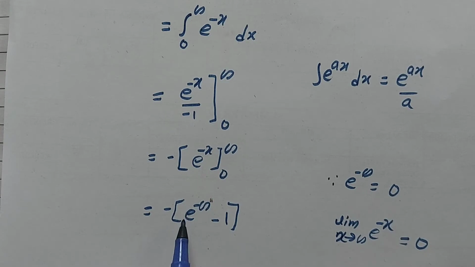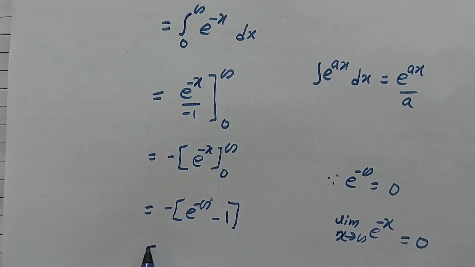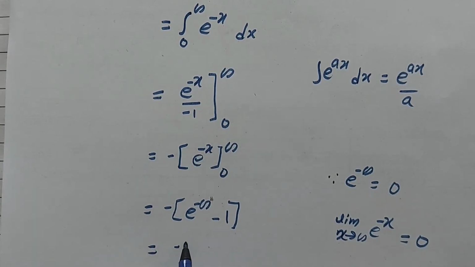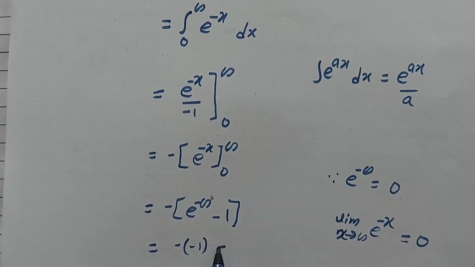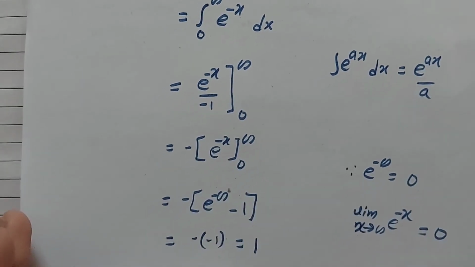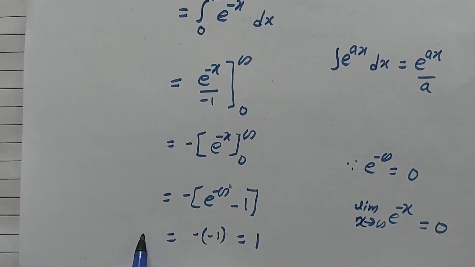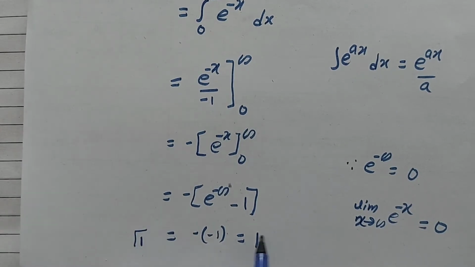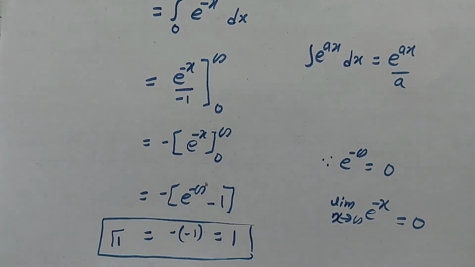So this term is 0 and the remaining is minus of minus 1, and the value is 1. So the value of gamma 1 is 1.